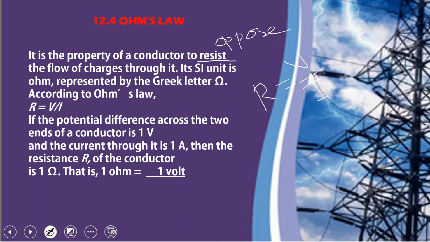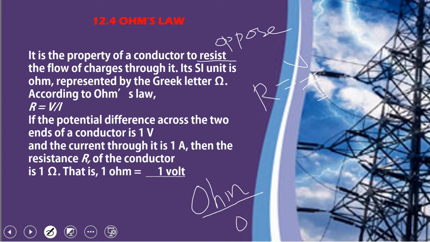Now the SI unit, the standard international unit, is ohm, named after our scientist Ohm. Its unit is also given as ohm. How will you understand whether ohm is a unit or a name? In the last class I think I told that by the first letter. If the first letter is written capital, you must understand it is the name.